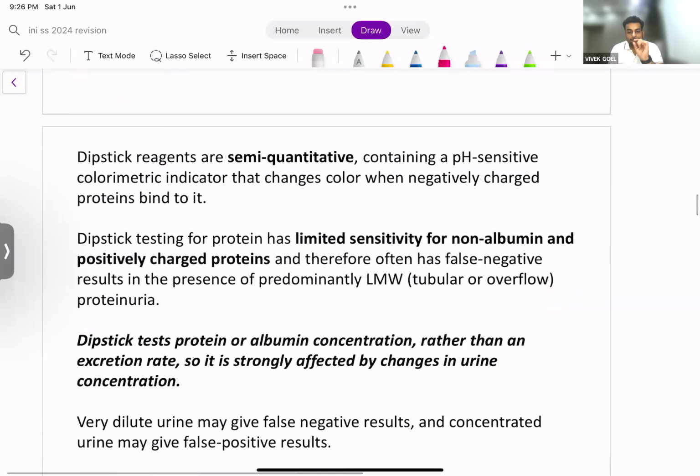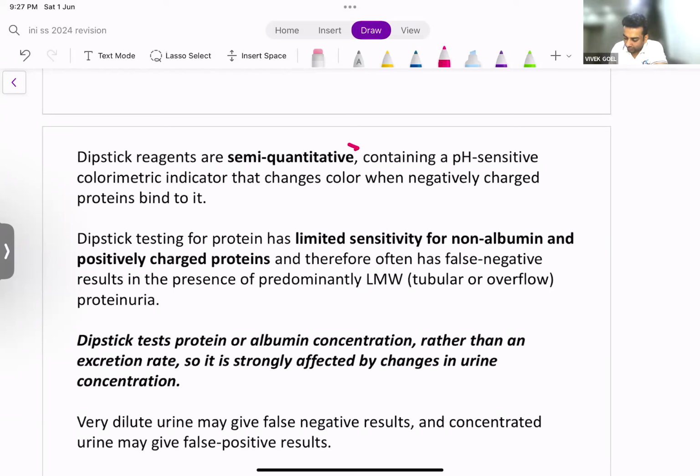Now, coming to the dipstick test. The dipstick test for protein is semi-quantitative because there is a pH sensitive colorimetric indicator that changes the color when the protein binds to it, because you know that a protein is a negatively charged substance.